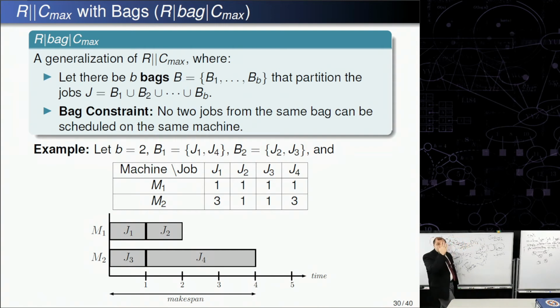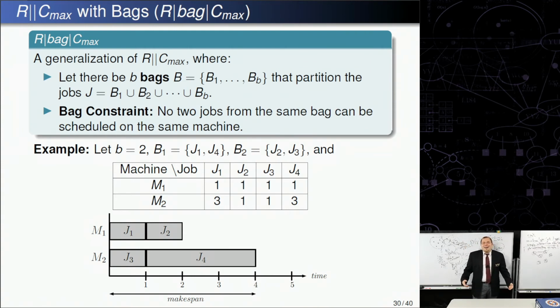So just to illustrate this, I have an example here where I have 2 bags and I have 4 jobs. Just for the sake of time, I just have a table here and I have my bags denoted here where I have job 1 and job 4 in bag 1 and job 2 and job 3 in bag 2. I want you to notice that if I were to do this without bag constraints imposed, I would naturally put job 1 and job 4 on machine 1, job 2 and job 3 on machine 2. But you can't do that here.